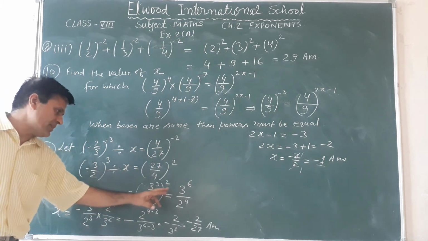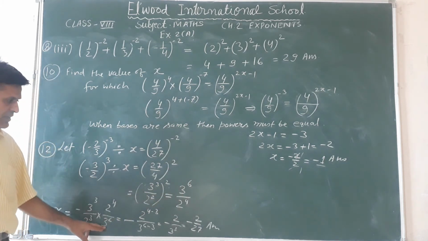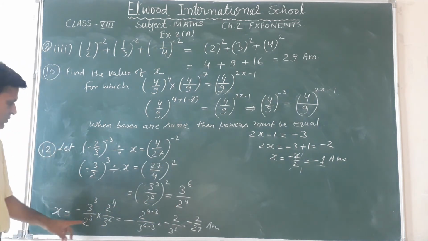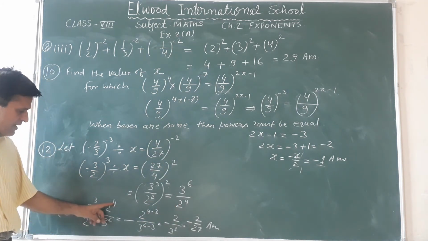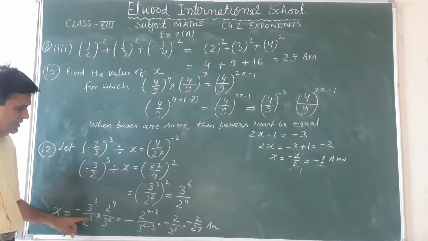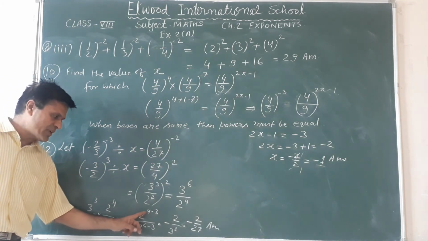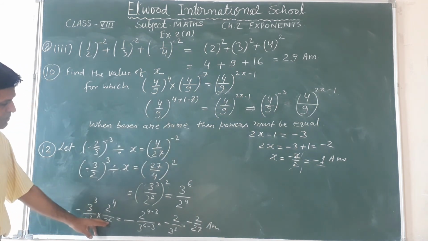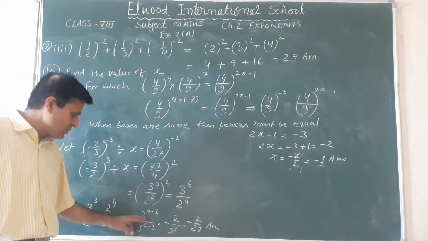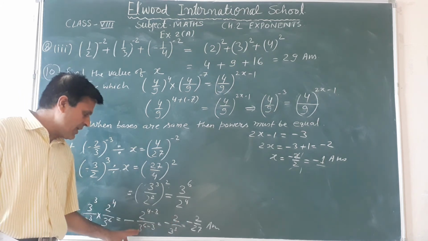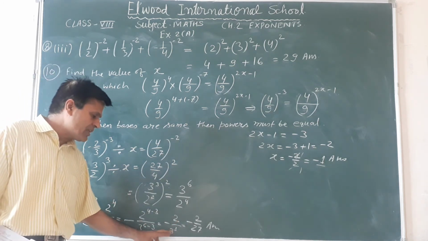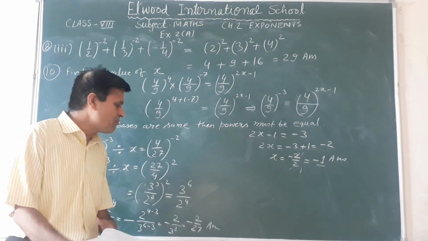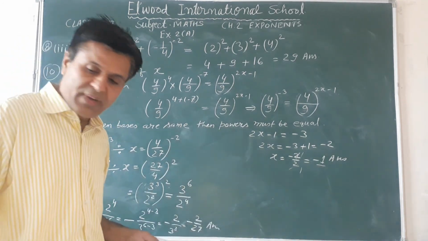So 3 to the power 6 will come in the denominator and 2 to the power 4 will come in the numerator. Here the powers are divided. 4 and 3 will be minus 2 raised to power 4 minus 3, and here it will be 3 raised to power 6 minus 3. So I will get 2 to the power 1 and 3 to the power 3. So 3 to the power 3 will be 27. So the answer will be minus 2 upon 27.